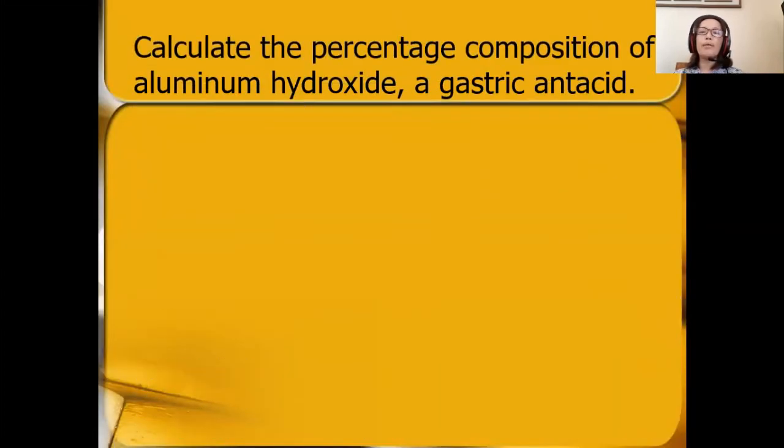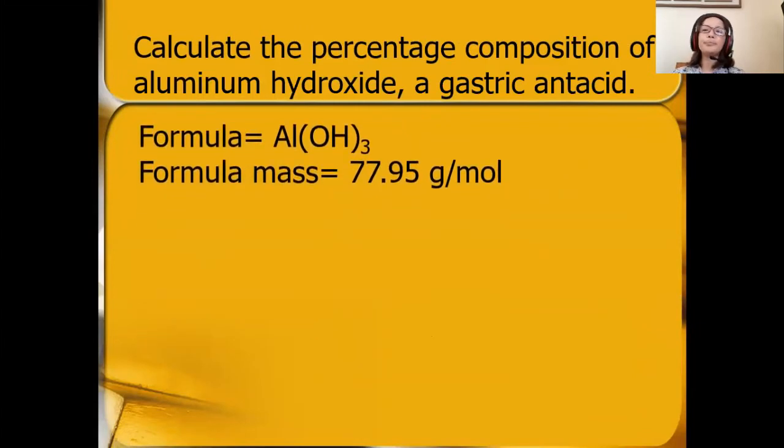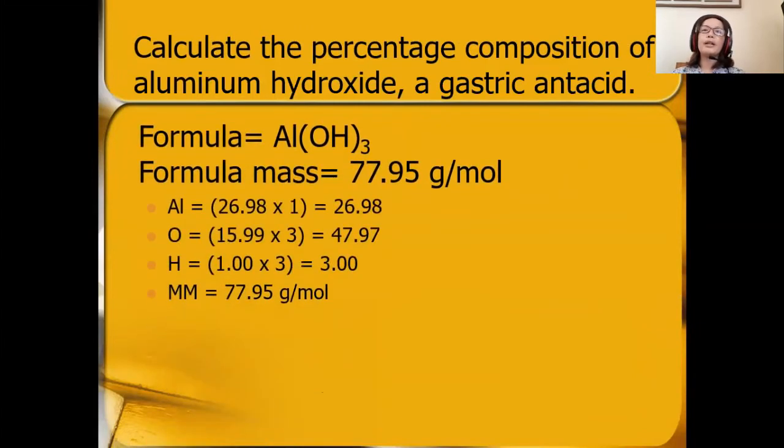So using the same example a while ago, aluminum hydroxide. We had presented that the molar mass of aluminum hydroxide is 77.95 grams per mole. So if you are asked to find the percent composition, take note what composes aluminum hydroxide.